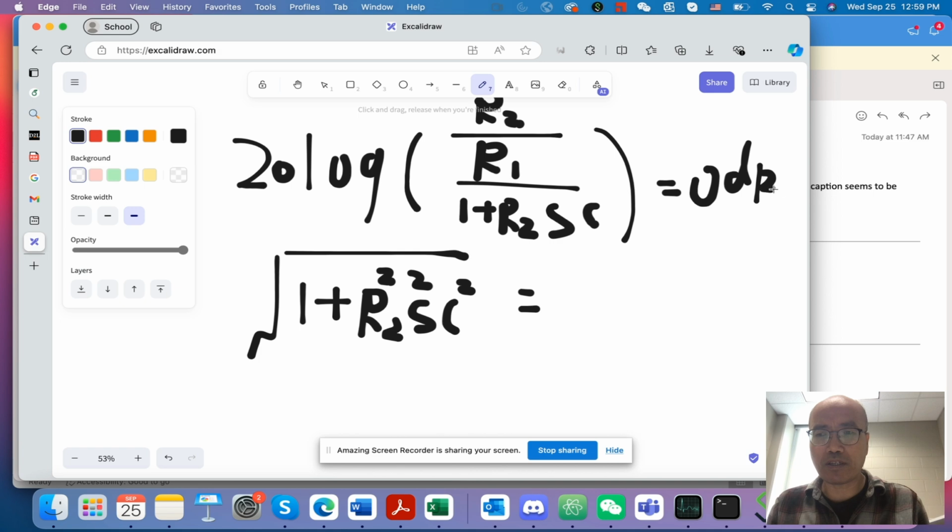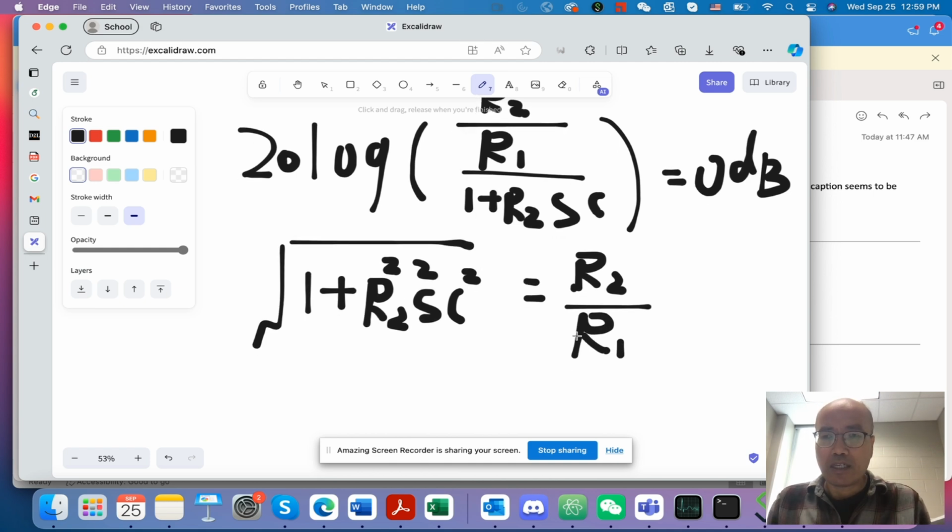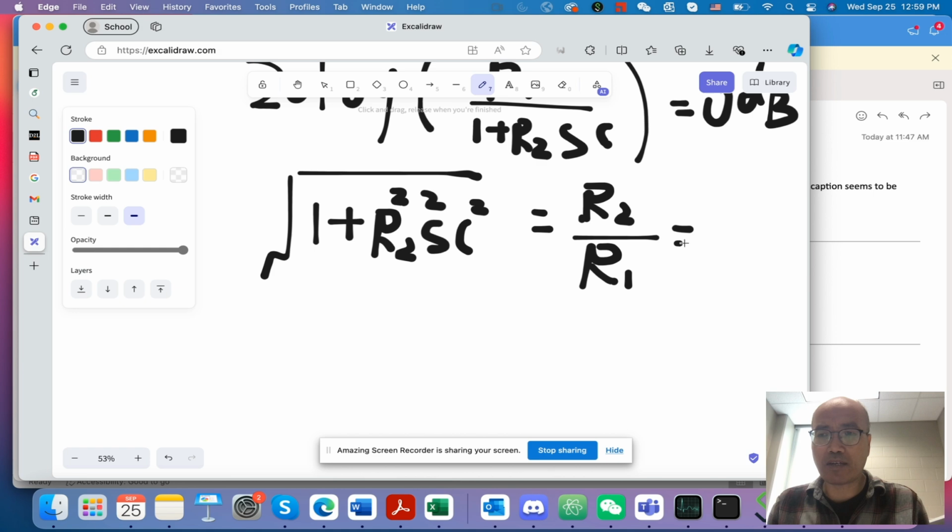If it is 0 dB, that means this whole term should be 1, and this thing here equals R2 over R1, correct? Because it's 1, and we know R2 over R1 is 10, right?